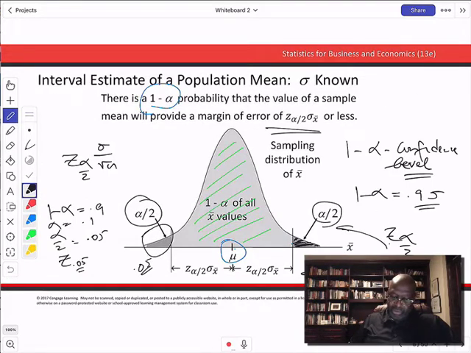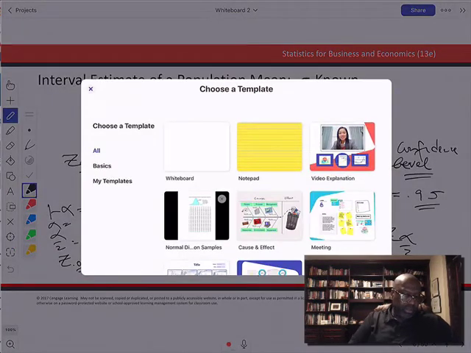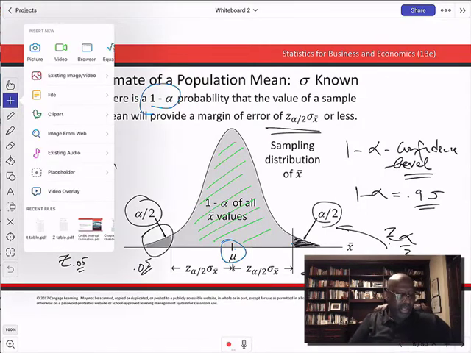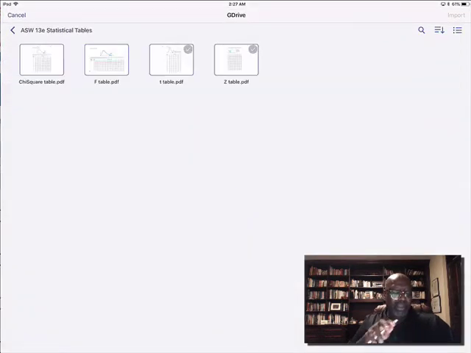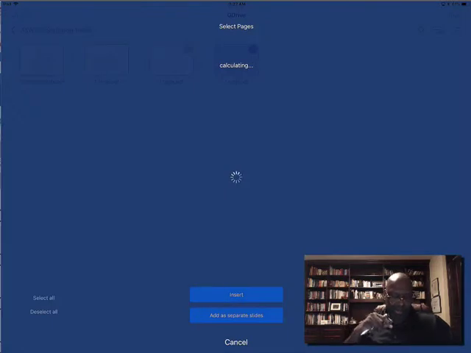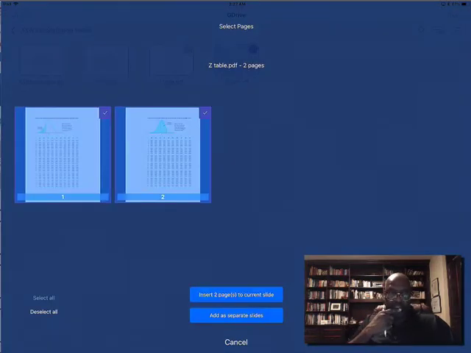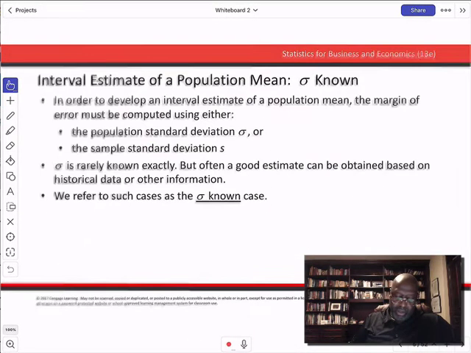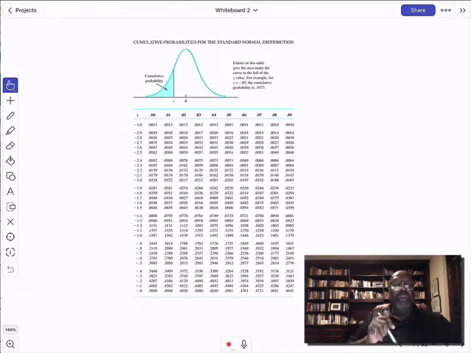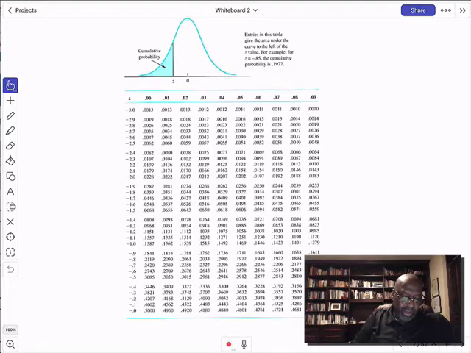So I'm going to introduce the T tables and Z tables, sorry. Let's start with the Z table. Okay, I think it's here. So we said that area in the tail was 0.05. Let's see where it is. 0.05.